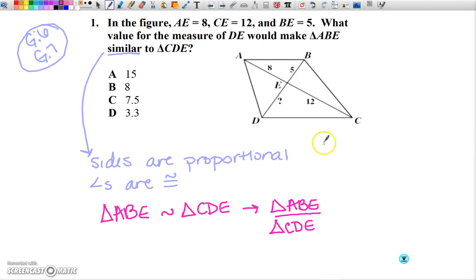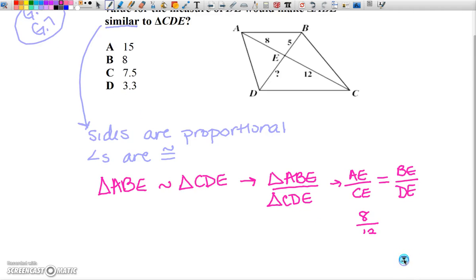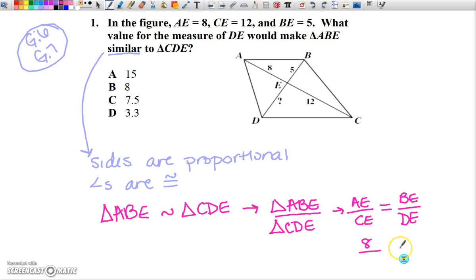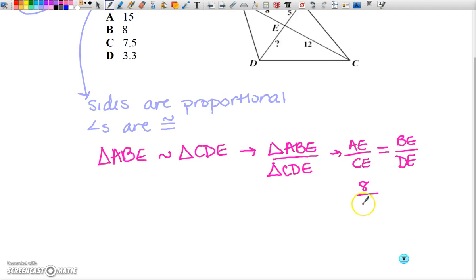So I'm going to take AE and put it over CE, and then set that equal to BE, so that's up here, over DE. And now we can actually solve the problem. So AE is 8 and CE is 12, and set that equal to 5 over x, because that's what we're looking for.